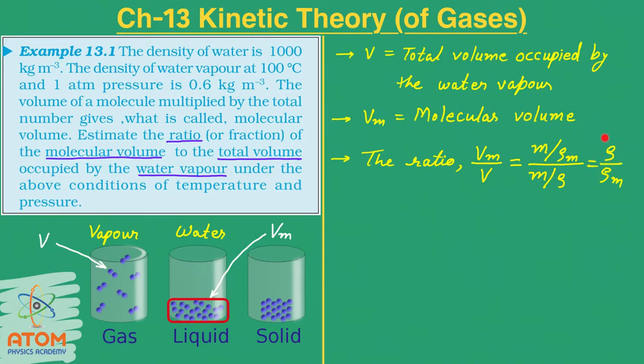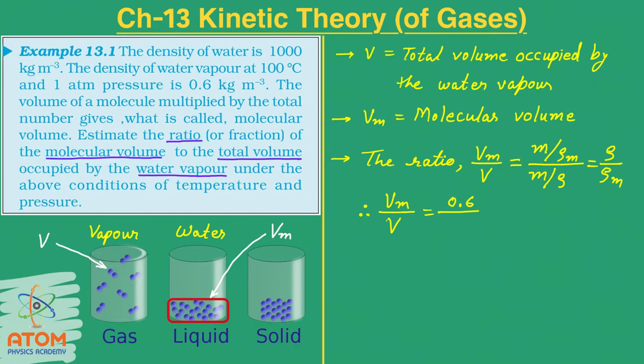Now here rho is the density of the water vapor and rho m is the density of molecules, or in other sense we can say it is density of water, because in case of water the molecules are very close. So the density of molecule will be almost equal to the density of water. So now we can find out the ratio of Vm upon V, and that will be equal to rho upon rho m, where rho is the density of vapor, which is given 0.6, and rho m is the density of molecules.